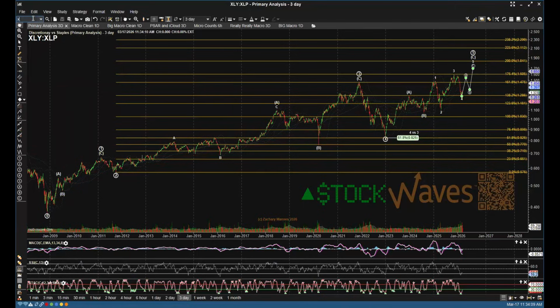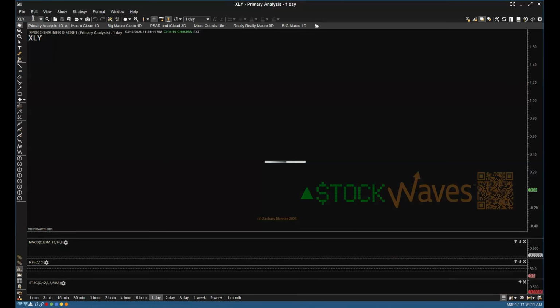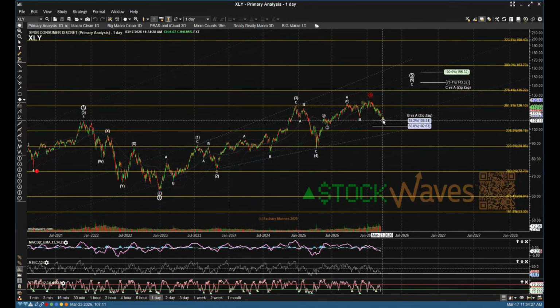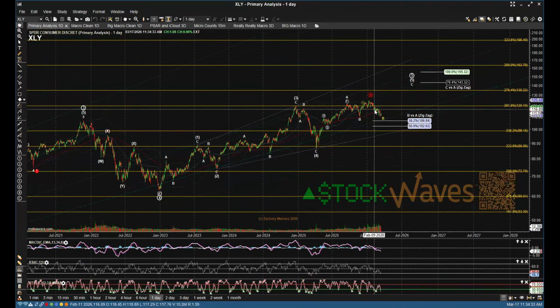So when we look at the XLY chart itself, similar to those other things, we can even see the potential to count all of a fifth wave up off of 2022, complete as an ending diagonal. But the alt here, well, not really the alt. The alt is just a wider flat for this B wave because we didn't hold as a reliable 1-2.